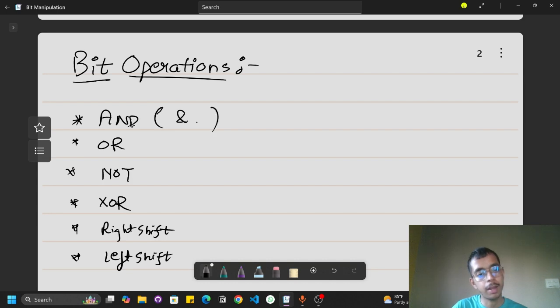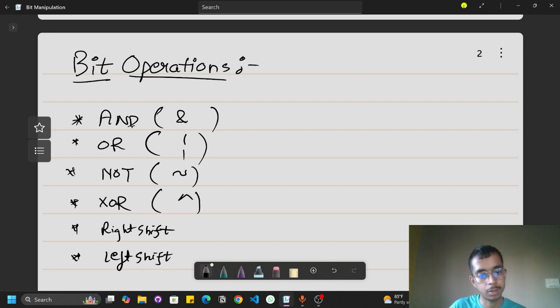So for AND you have this one, which is the logical AND, and this is the bitwise AND. Then you have bitwise OR. Then you have bitwise NOT. It's like the tilde sign. This is called the tilde sign.